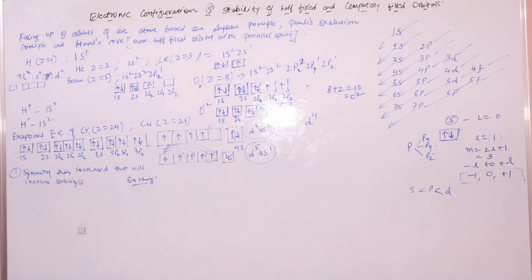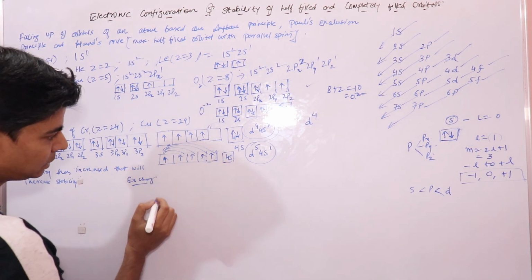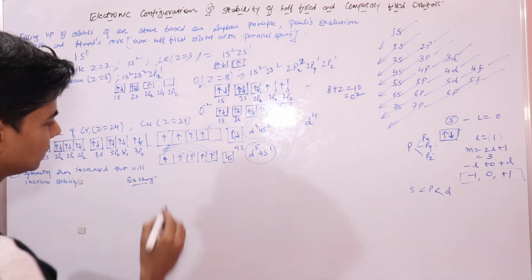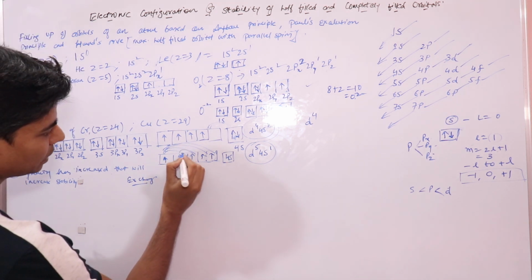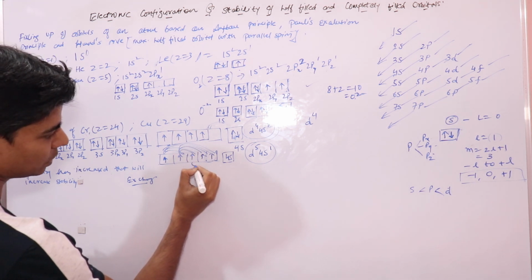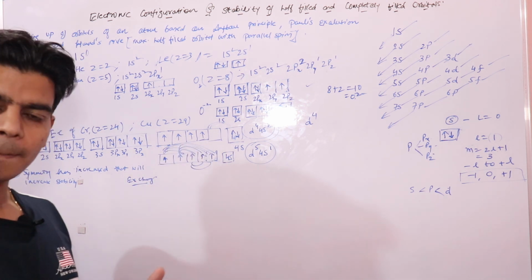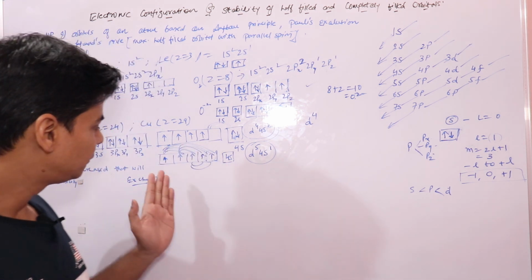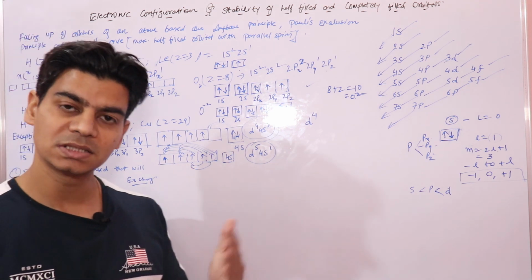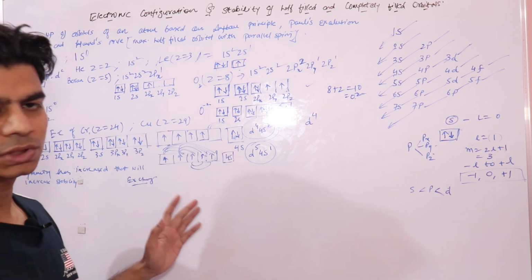So due to this exchange of position of electrons with parallel spins, the stability will increase. Similarly, this can exchange its position with this, with this. Due to this exchange of position between electrons of parallel spins, energy will be released, and release of energy will add to stability.